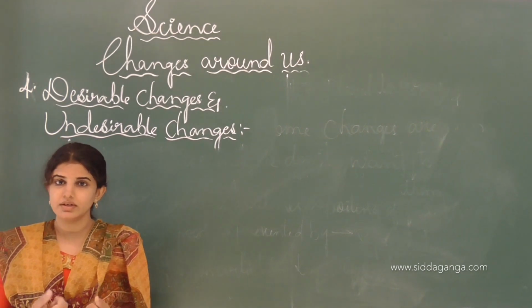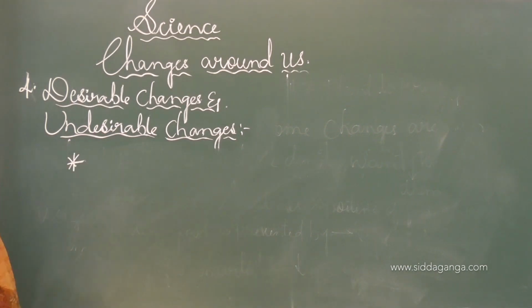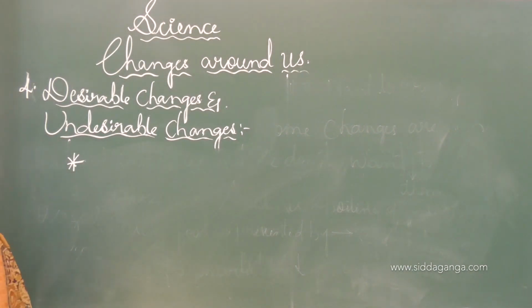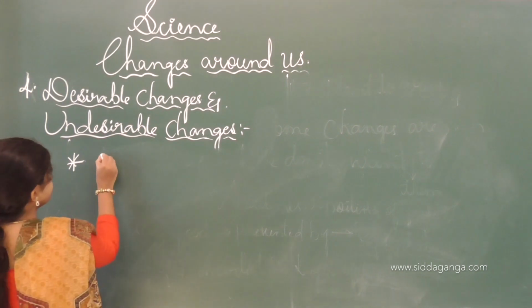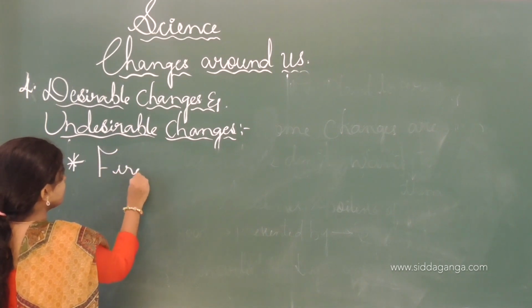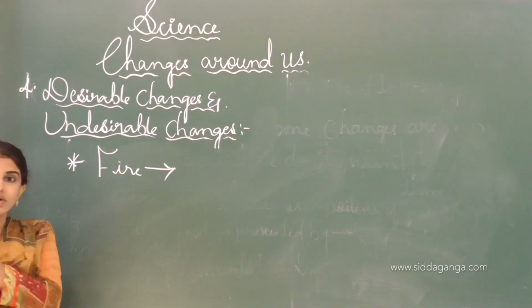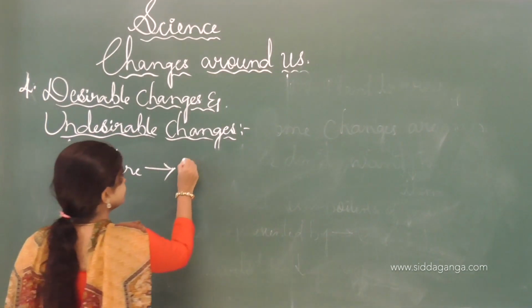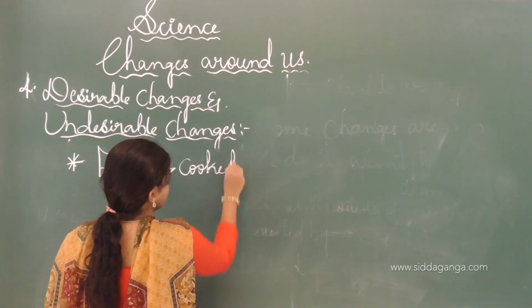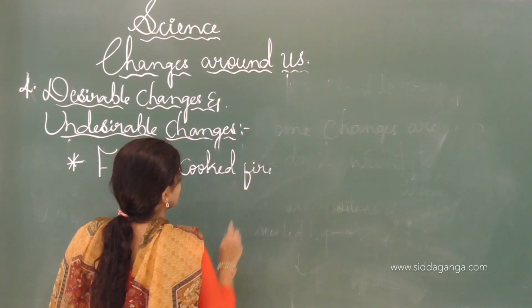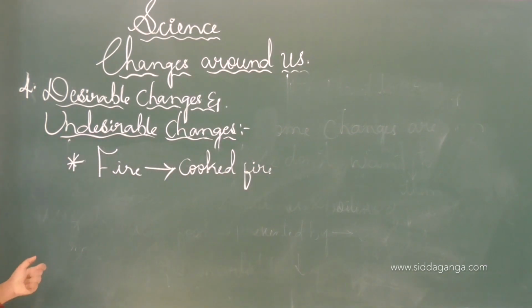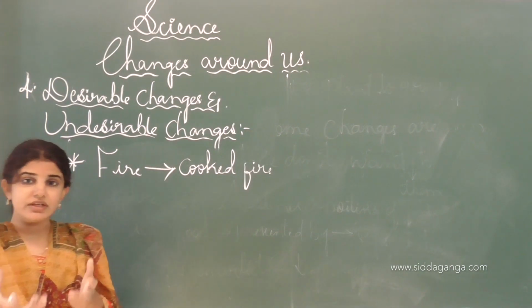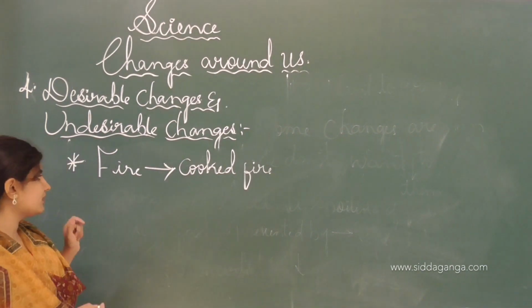Some changes are desirable at some time, whereas at other times they are undesirable. We want fire to light up while cooking the food items. It is useful and desirable, whereas the same fire, if it burns our belongings, is undesirable.